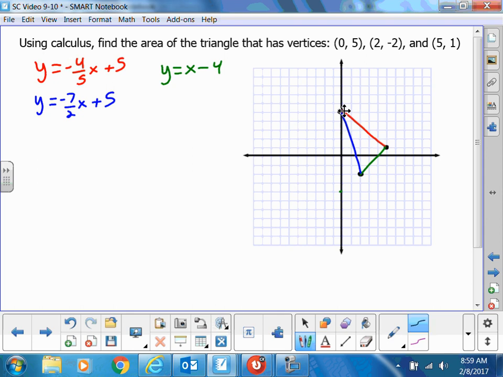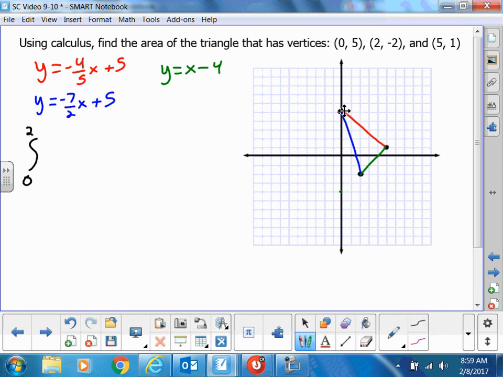So we're going to have to use a strategy like we did on that last one we set up, because we're going to have to split this at x equals 2. Because at x equals 2, it switches from being red on top, blue on bottom, to red on top, green on bottom. So we'll have to do 2 separate integrals. Our first integral we'll do from 0 to 2.